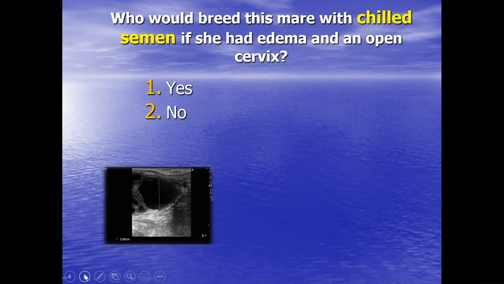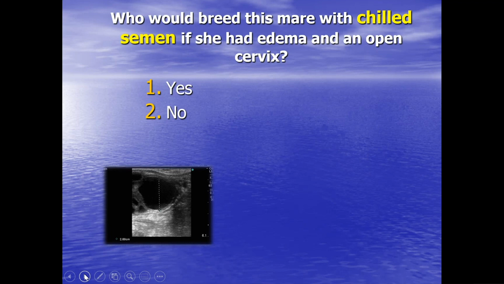So we always operate on getting semen the following day. So we're then into waiting at least 18 hours. Say we're looking at this mare at 9 or 10 o'clock Tuesday morning. The earliest under most circumstances we can get semen will be 9 o'clock Wednesday morning, 24 hours on.